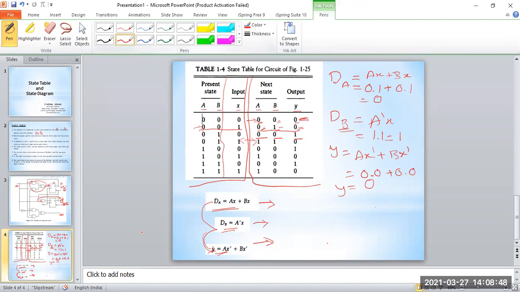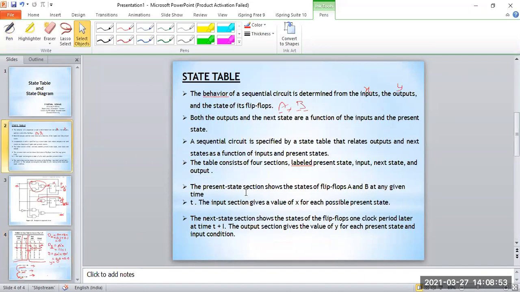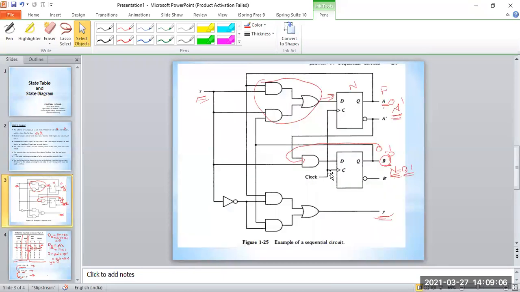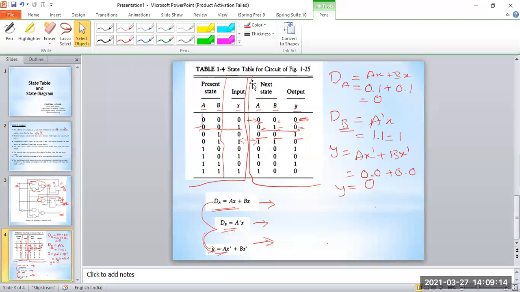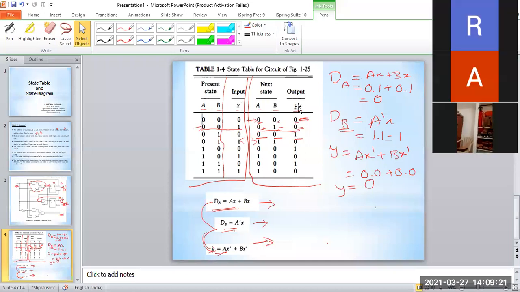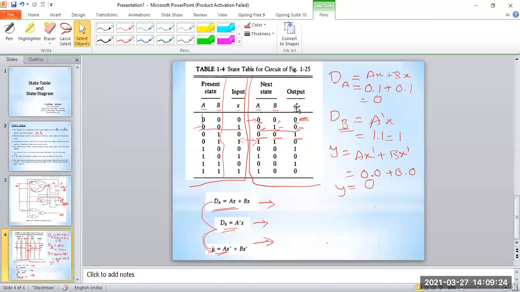All right. If you have any doubts, you can ask me now. All this text which is noted here explains the same process which I have explained. Got it? And all the operations here are synchronized using the clock. So this is how we can construct a state table which has columns like present state, input, next state, and output. You have to remember these four columns.